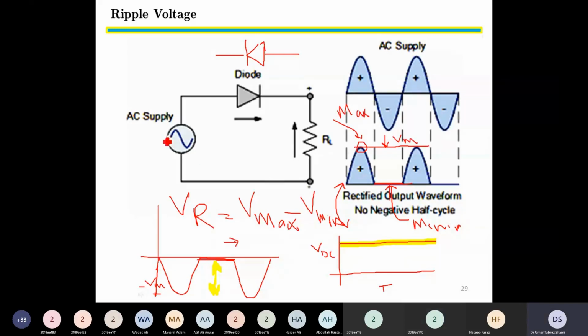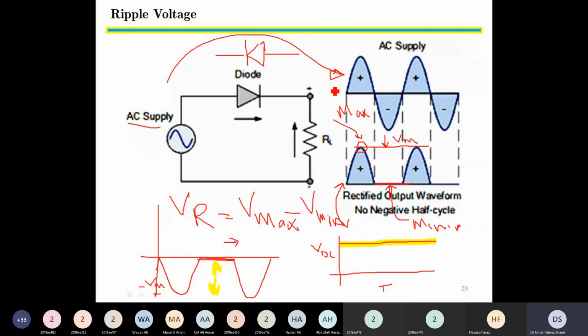So this is the AC input. It is providing us an AC sine wave like this, and then with the help of a single diode, what we have achieved is a DC voltage. This DC voltage available across RL is DC because the output voltage does not enter the negative region.